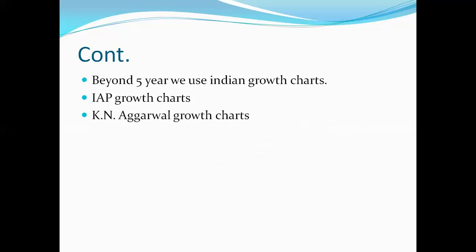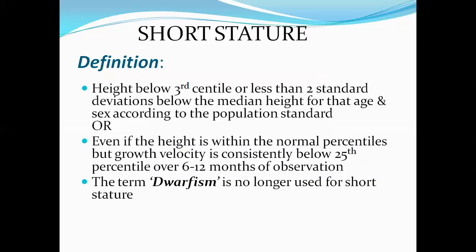Now, okay, we will move on to our topic for today, that is short stature. Short stature definition: height below the 3rd percentile or less than 2 standard deviations below the median height for that age and sex according to the population standard is short stature.